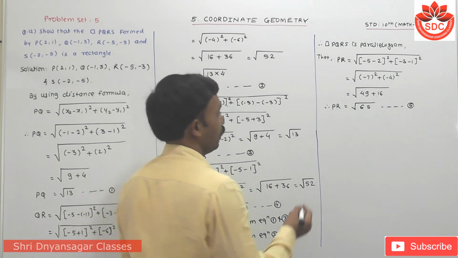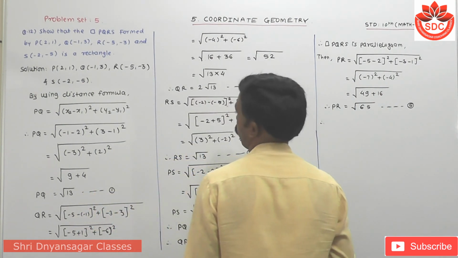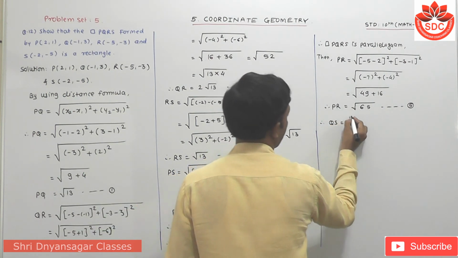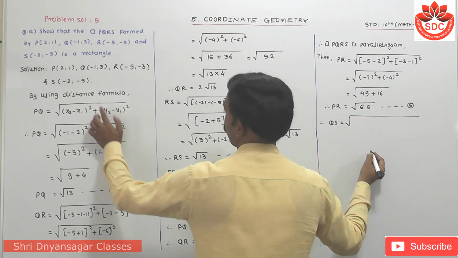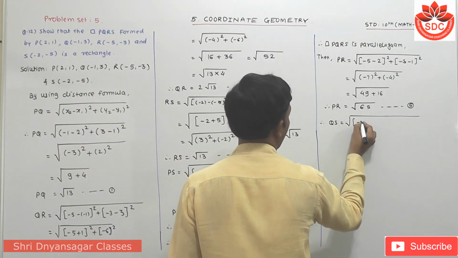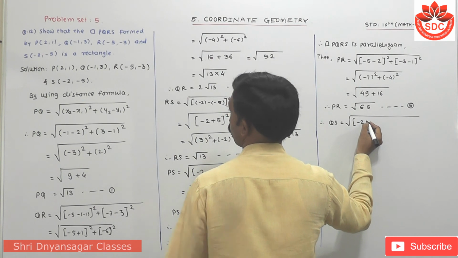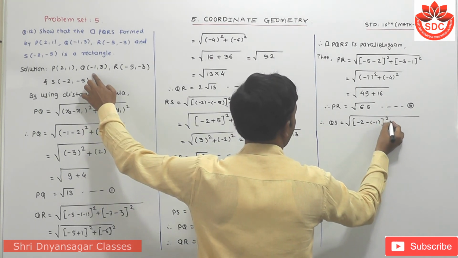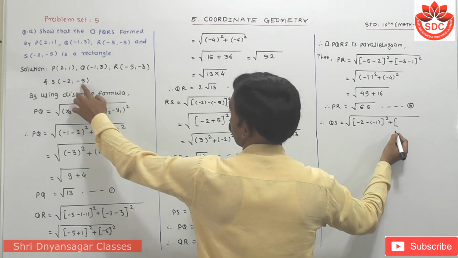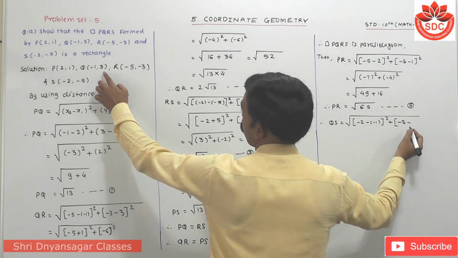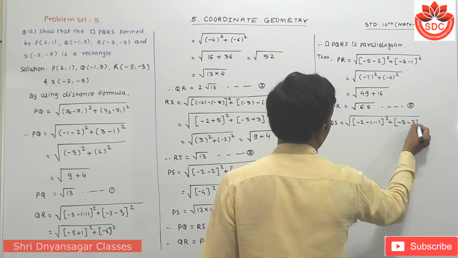Then we have to find the next diagonal, QS. Again by using the distance formula, we use this formula here. For this x1 y1 x2 y2, it becomes x2 is minus 2 minus 1 bracket square plus y2 is minus 5 minus 3 bracket square.